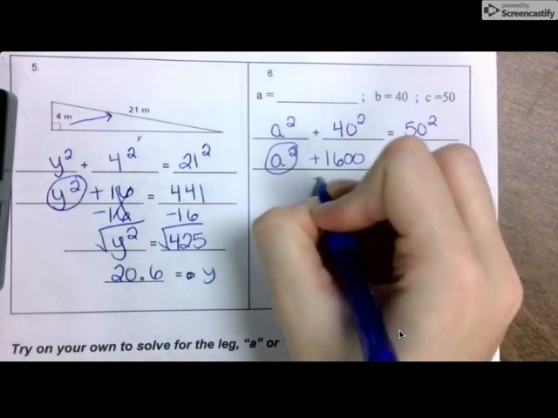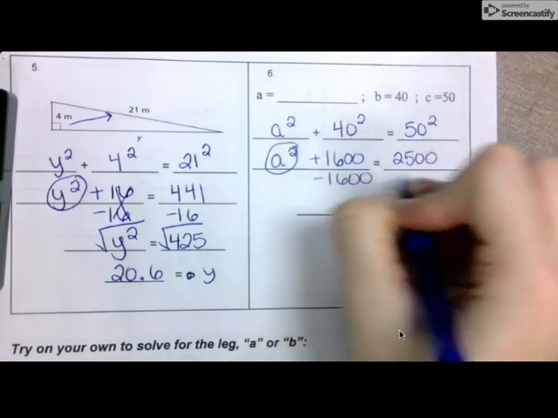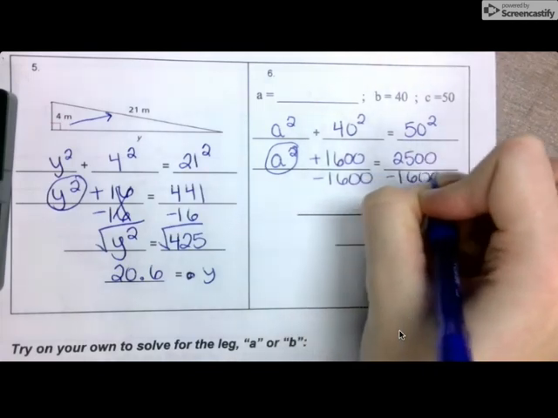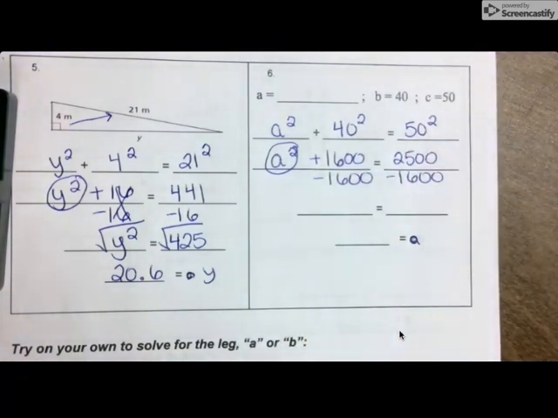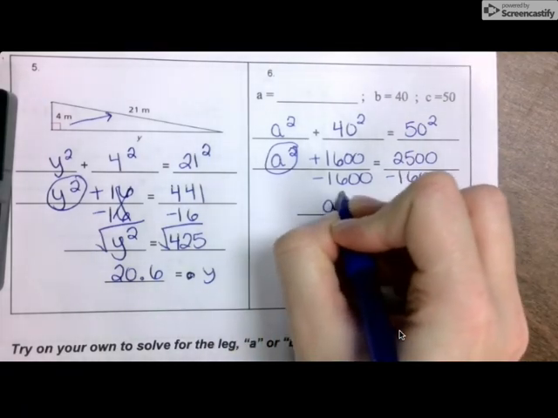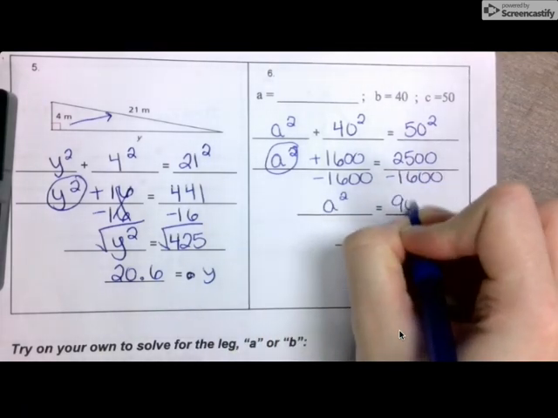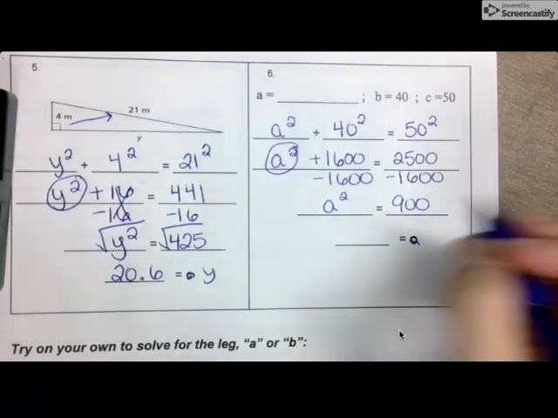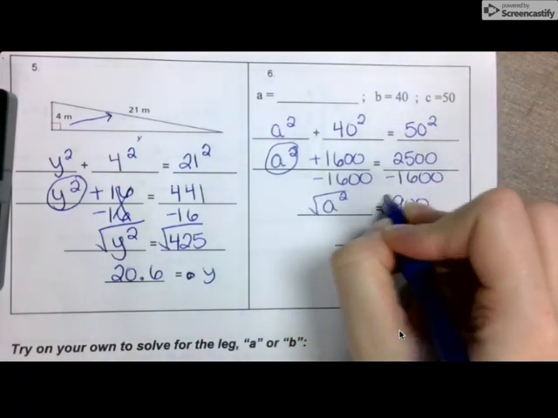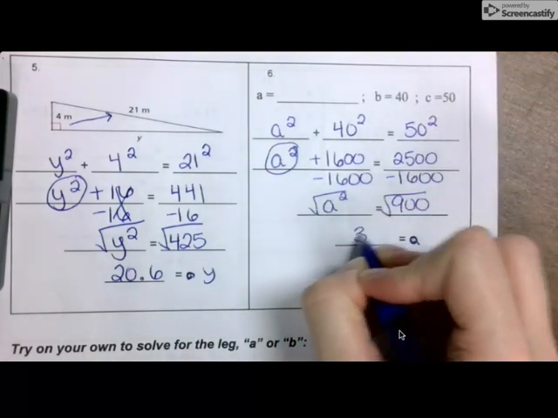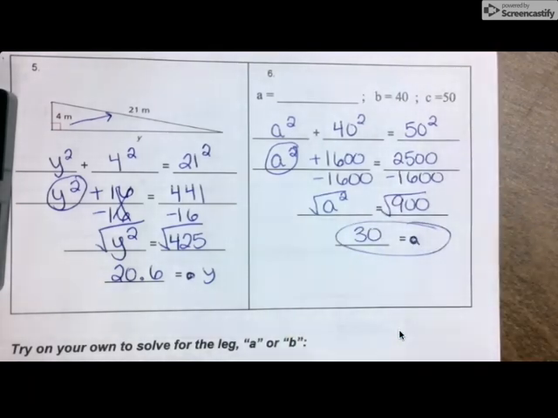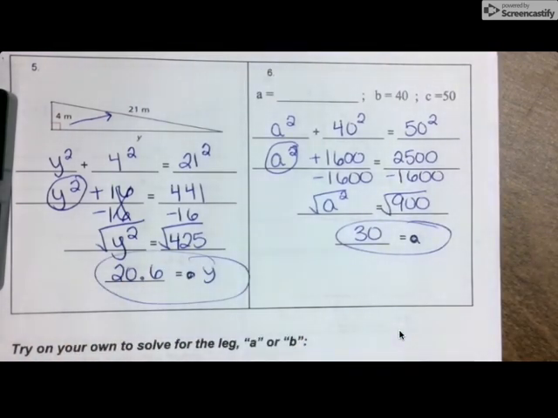A squared minus 1600, which gives 900. What is the square root of 900? 30. All right, so you are going to work on the next 4 by yourself.